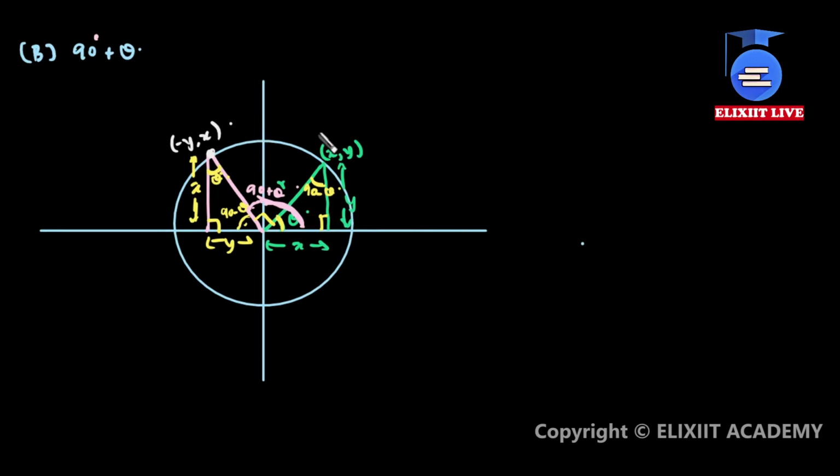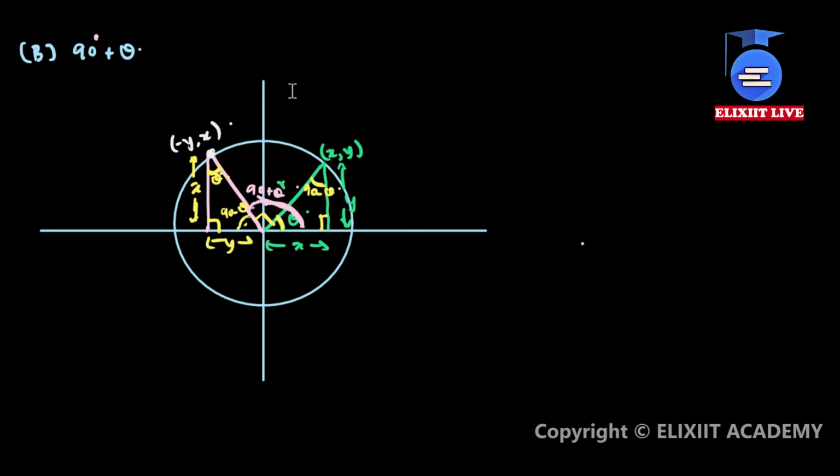The x coordinate is negative, no matter whatever it is. Here in the place of x coordinate, y is situated. So this will be minus y comma x. Is this concept clear till now? This coordinate you have to just derive: minus y comma x. Is this clear?